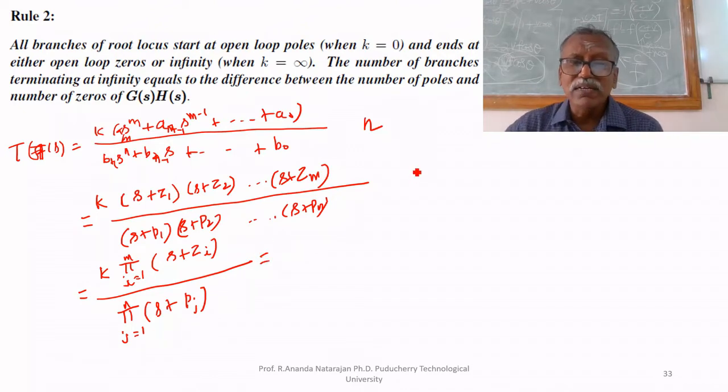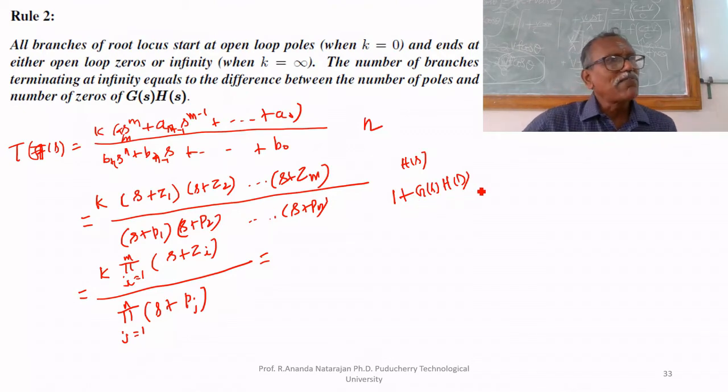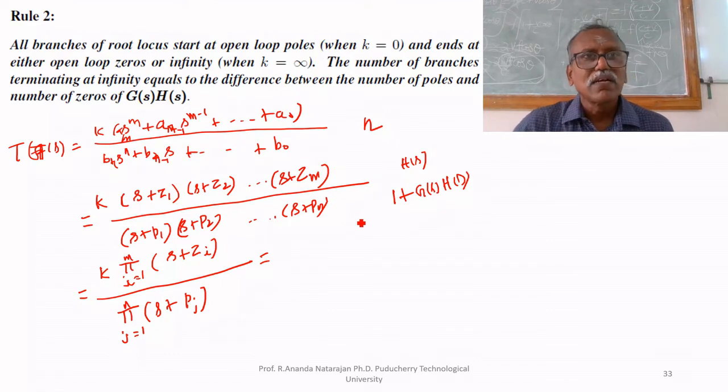We know that for a unity feedback system H of S equals 1. Therefore, 1 plus G of S H of S can be written as the sum of the numerator polynomial plus the denominator polynomial.